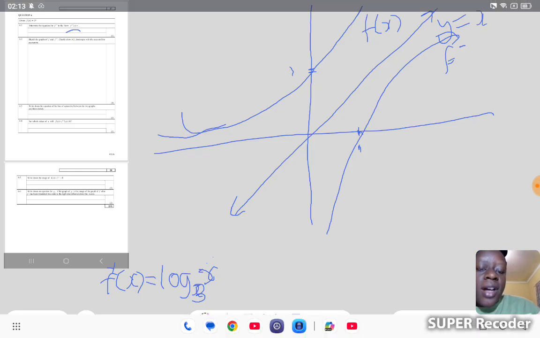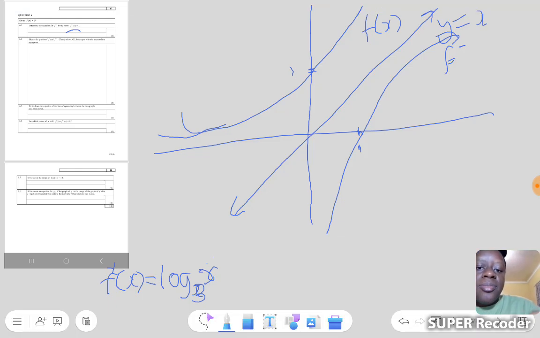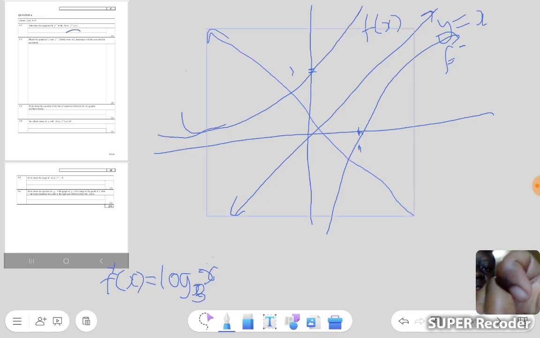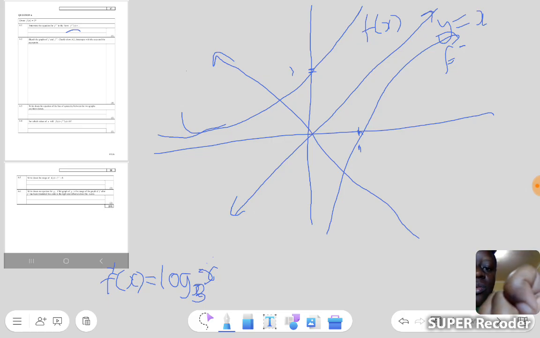So if our graph will interchange from this side to that side, this will be our line of symmetry, y equals x. Always remember these lines of symmetry.